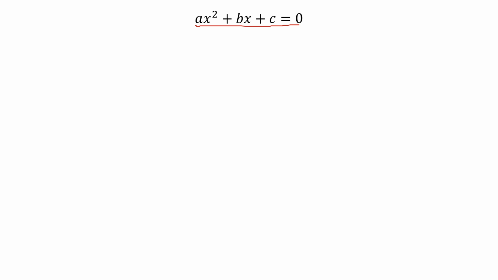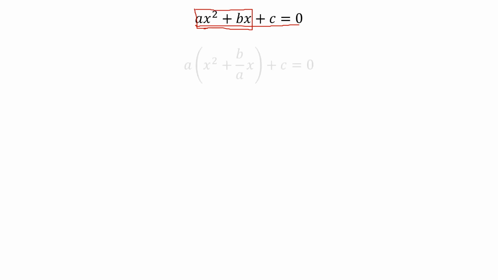To complete the square, first of all, I have to make sure that the coefficient of x squared is 1. In this case, it's a. So I have to take out that a. I will factorize only these two terms. Since c is independent of x, I will leave that c.